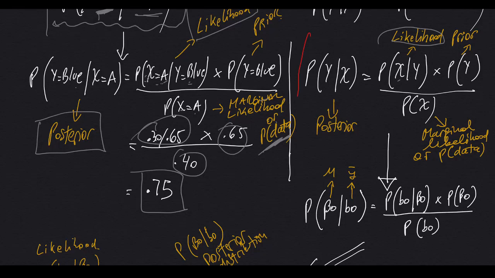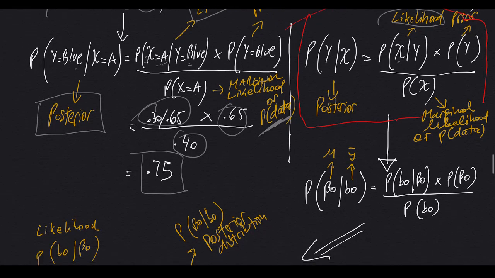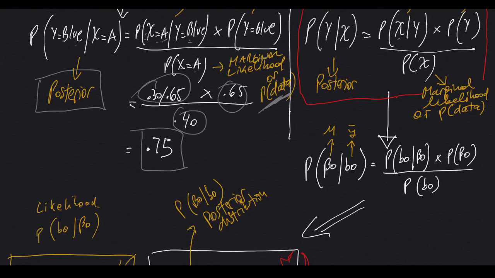Now, this is the general form of the Bayes theorem, and we can replace y and x by the things that we want to estimate in this case. So instead of y, we use beta 0, which is the coefficient we are interested in for the estimation, which is, as you know, the mean in this case, but it's not always the mean.